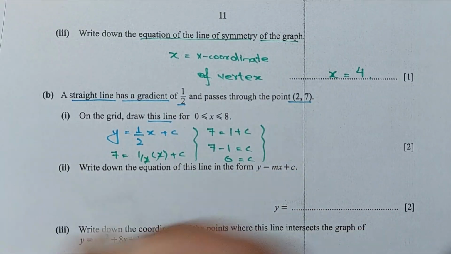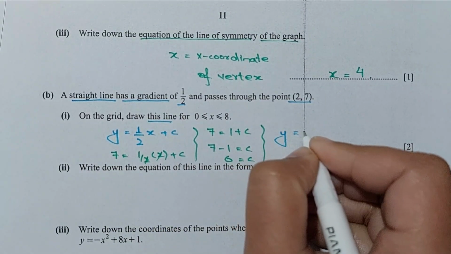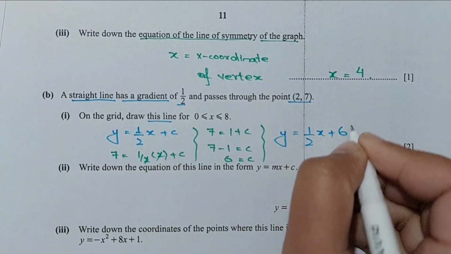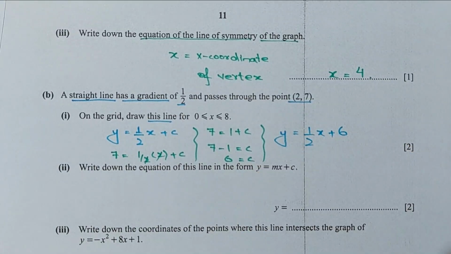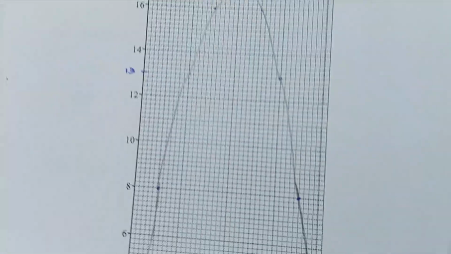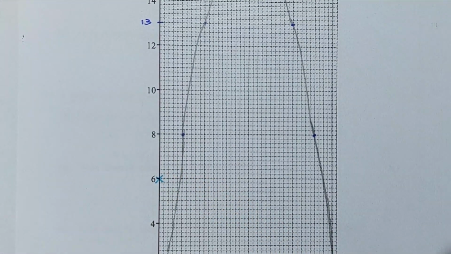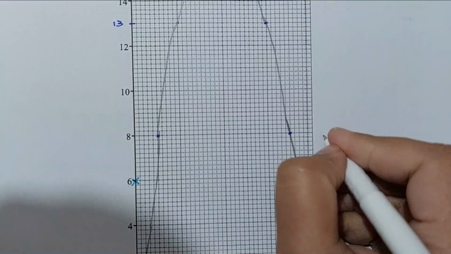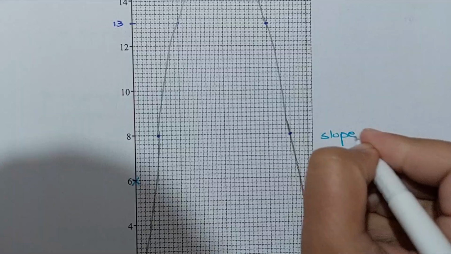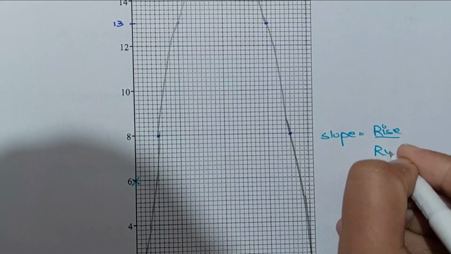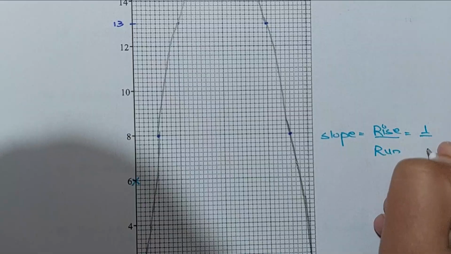From here we can say the equation is y equals 1 by 2 x plus 6. The y-intercept is 6 and the gradient is 1 by 2. The slope formula is rise over run, which equals 1 over 2.